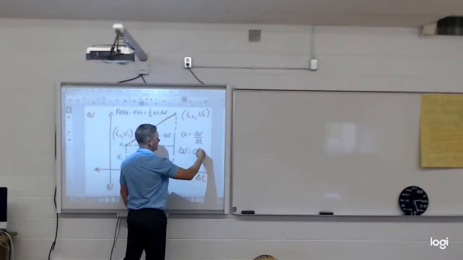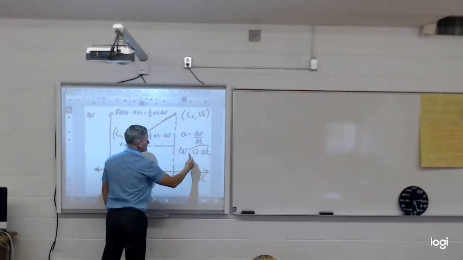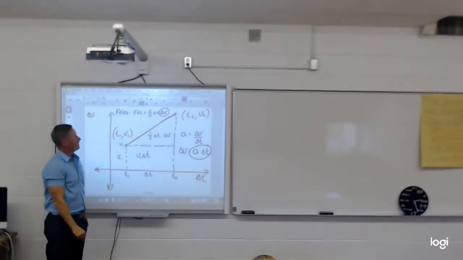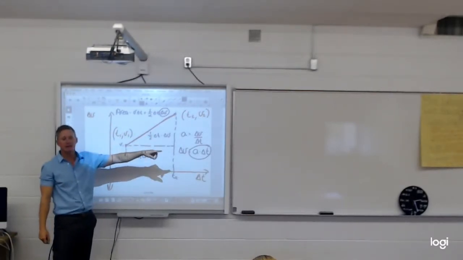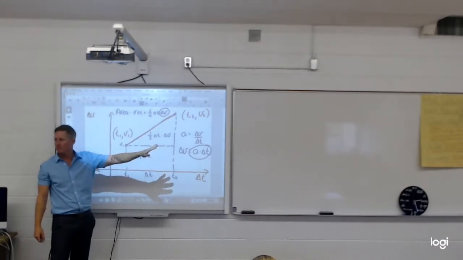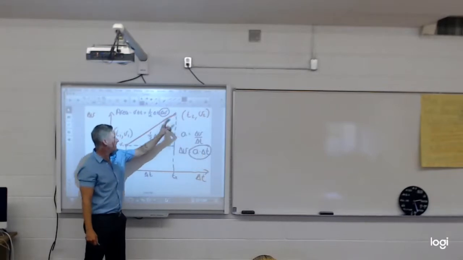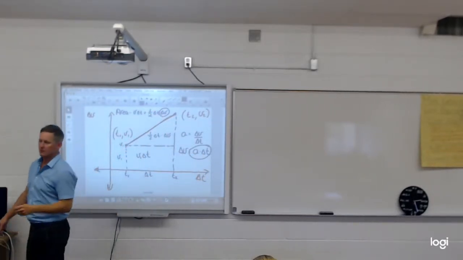Acceleration times time. So if I substitute this in for this, I'm going to have 1/2 t times a times t. Okay? Does everybody understand that? I'm going to put that in for this, and then I'm multiplying that by that. All right?